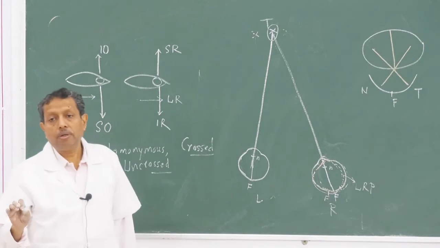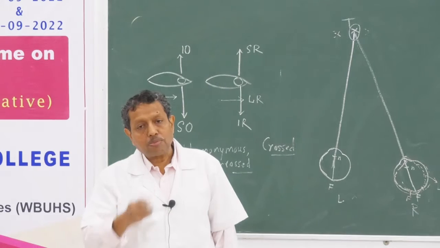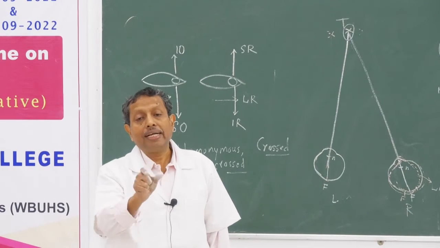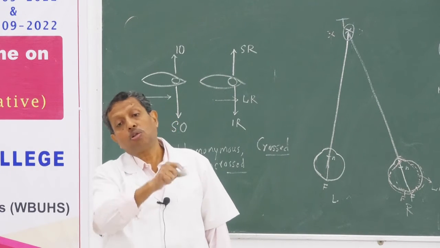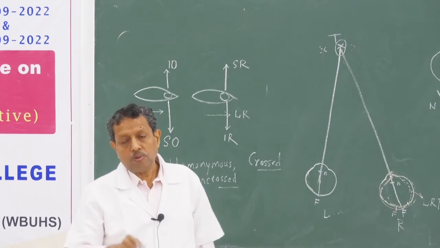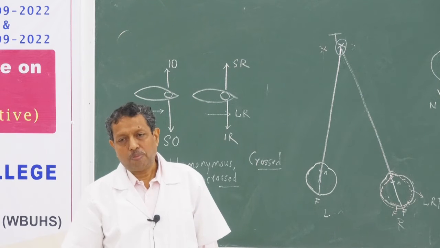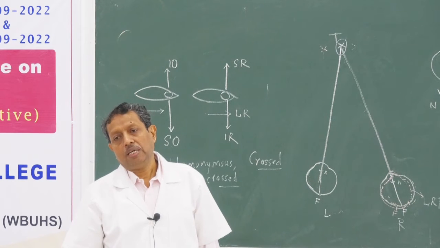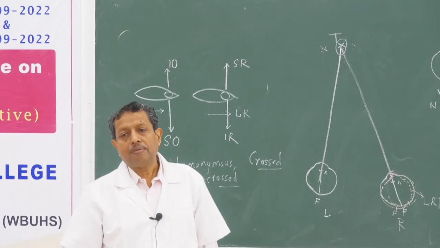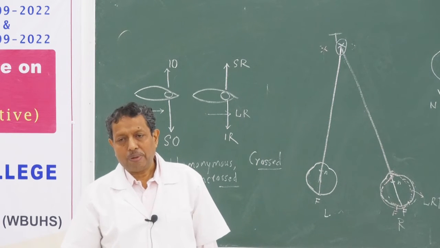I am discussing in this way because when you go through any textbook of ophthalmology, these terms will come again and again. If you have not read them at this stage, then you have to go through books to get the concept. But if you know from the very beginning, it becomes easier for you. So it is my duty. It may not be asked in the examination, and it will not come in the paper. But these classes are not only for examination purposes.